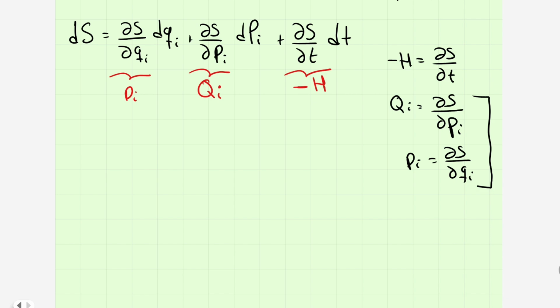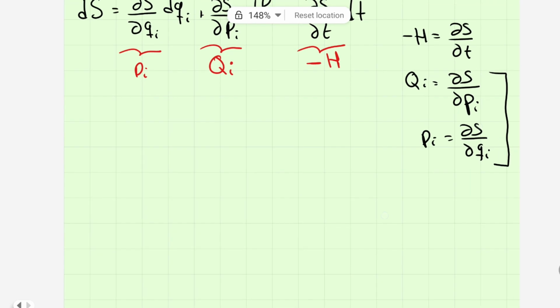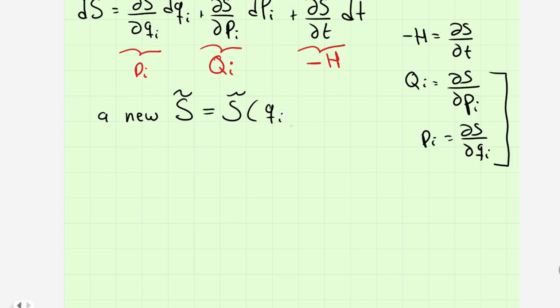Okay, so what we are going to be interested in this lesson is to find a new function S tilde that will be a function of the variables qi, upper Pi tilde, and the time. Okay, we are going to find a new function that now is going to depend on a new variable Pi tilde.